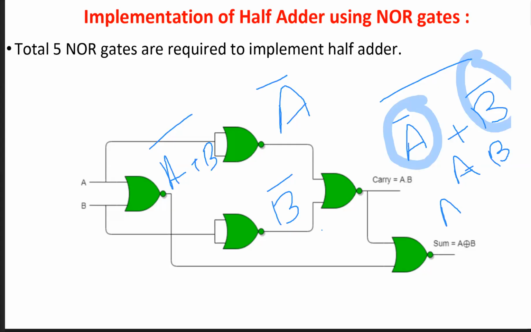Yes, so similarly do it for the fifth IC. Here one of the inputs is (A plus B) complement, whole complement, and the other input is AB.